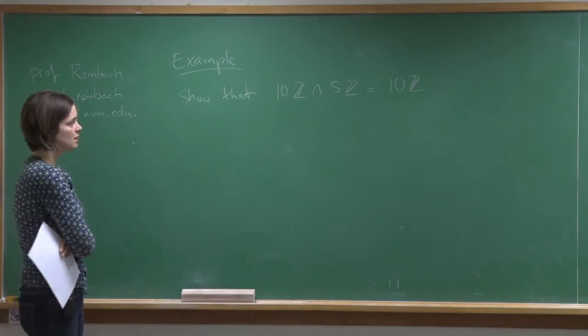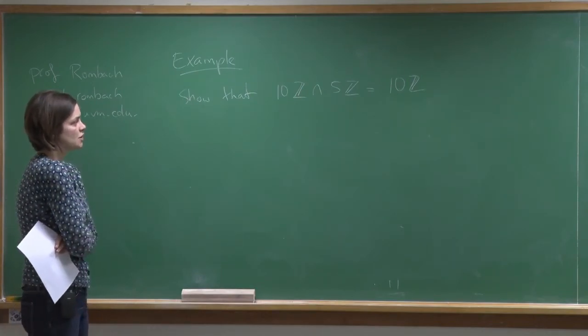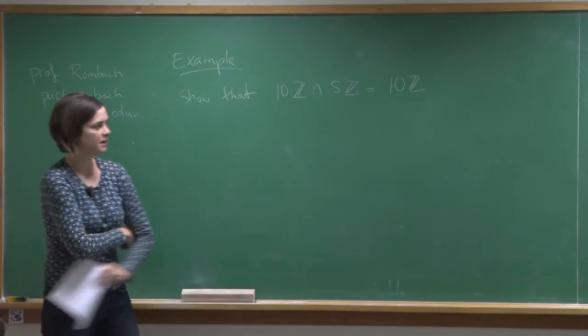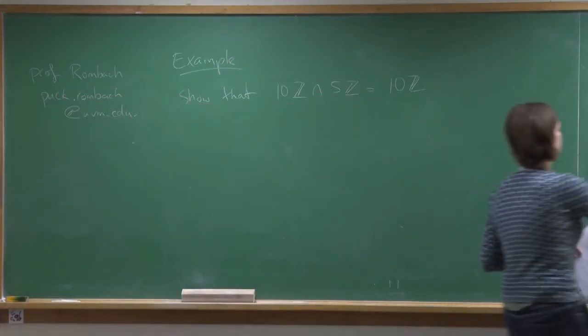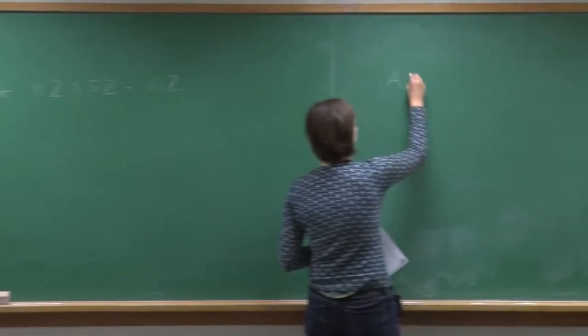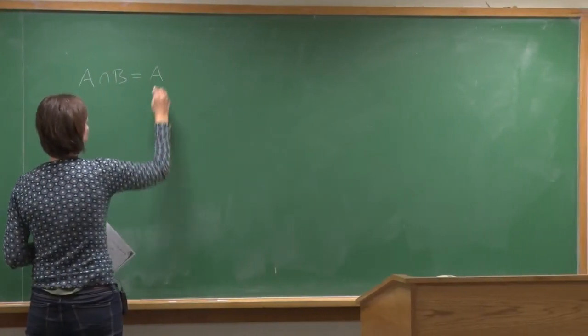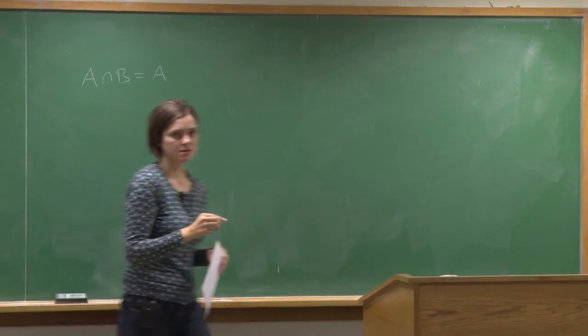So what's one way to show that an intersection between two sets is something? If I want to say that, for example, the intersection of A and B is just A, is all of A, what does that mean?